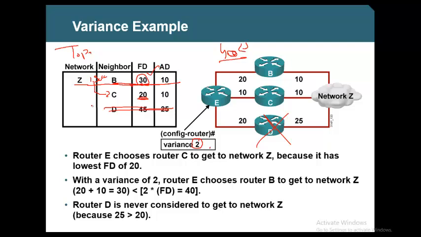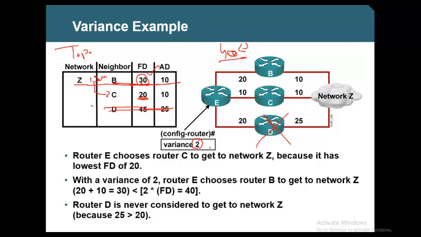So the path which was there in the topology table via B now also appears in the routing table. Yes. The route is not only in the topology table, it is also appearing in the routing table. So don't think that if a route is promoted to the routing table, it won't be there in the topology table. No. The topology table will always have the routes, feasible successor and the successor.